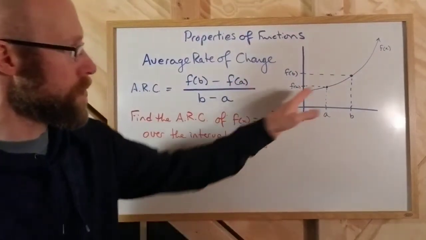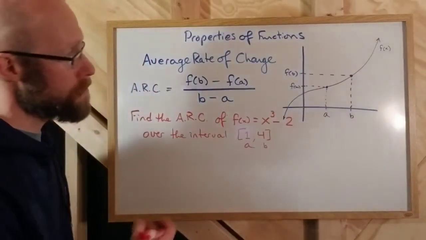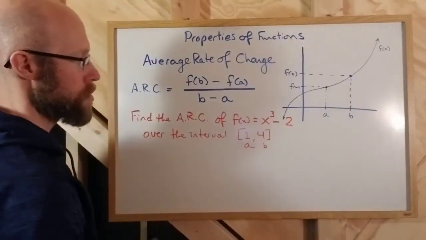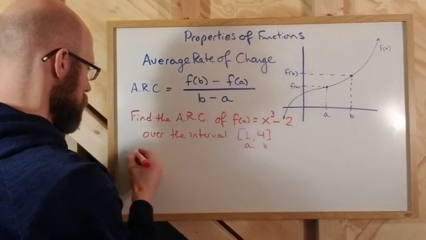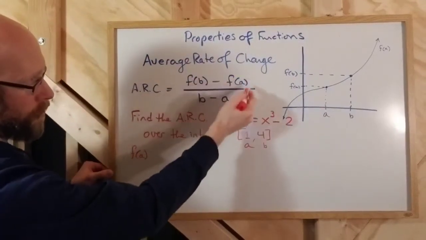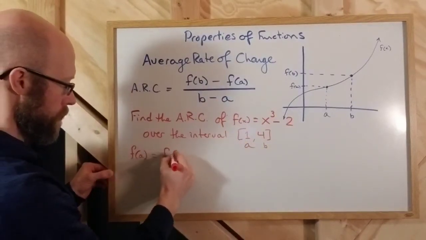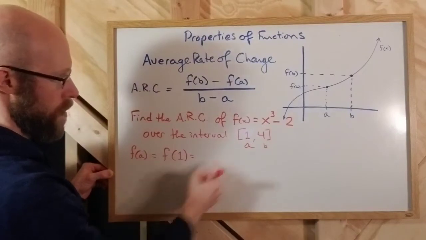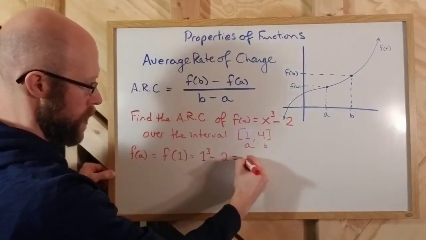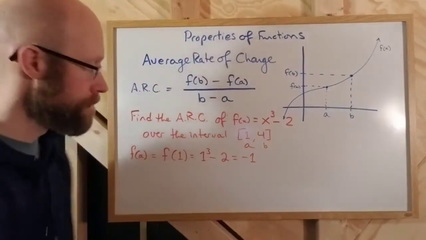Now this function is not the function I wrote down here. It's something different. They're shaped similarly, interestingly enough. But yes, A and B are just the endpoints on this interval. So f of A is going to be important for our formula. That's just f of 1. When I plug in the 1, you get 1 cubed minus 2, which is negative 1, right? 1 cubed is 1, minus 2 is negative 1.